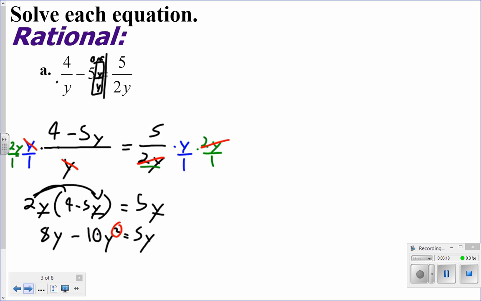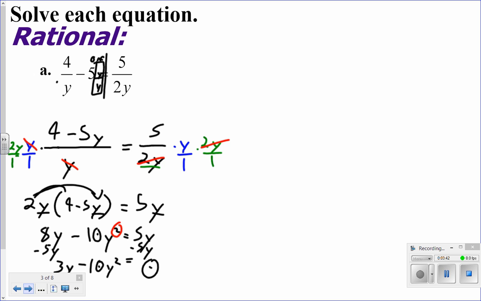So to factor, I always want to get one side equal to 0. So in order to do so, I'm going to subtract 5y here, subtract 5y on this side, and what I am left with is 3y minus 10y squared is equal to 0.